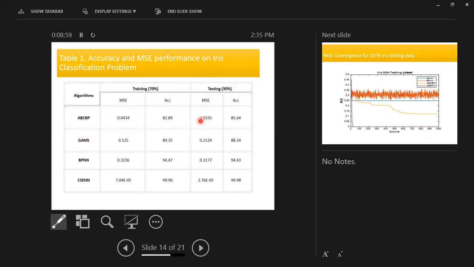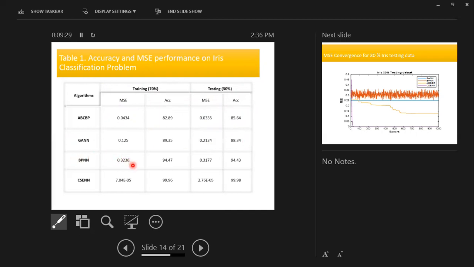In testing, it gives a mean square error of 0.0335 and an accuracy of 85.64%. After that, the genetic algorithm neural network gives a mean square error of 0.125 and an accuracy of 89.35% with 70% training data. On the 30% testing data, it gives a mean square error of 0.2124 and a testing accuracy of 88.31%.